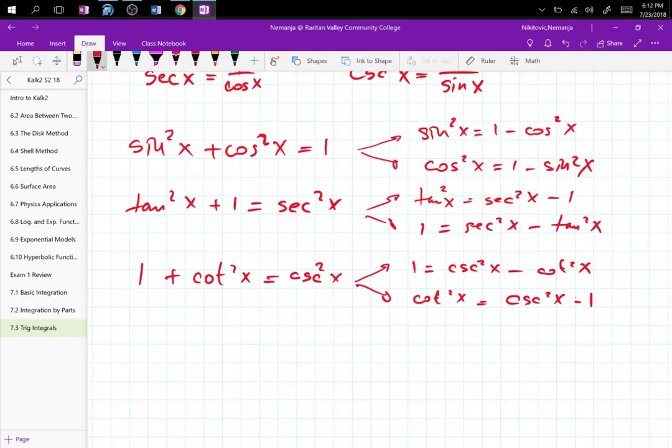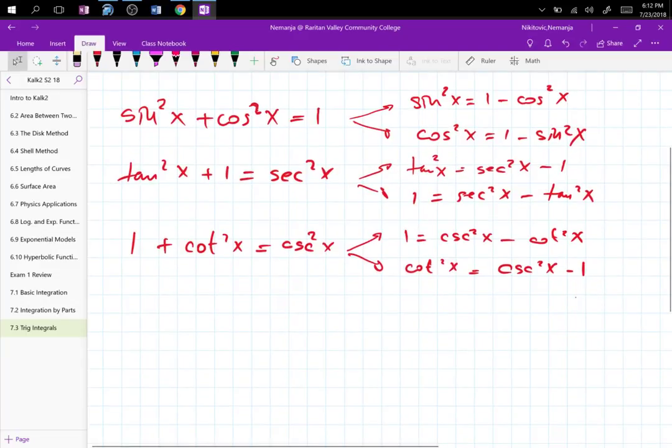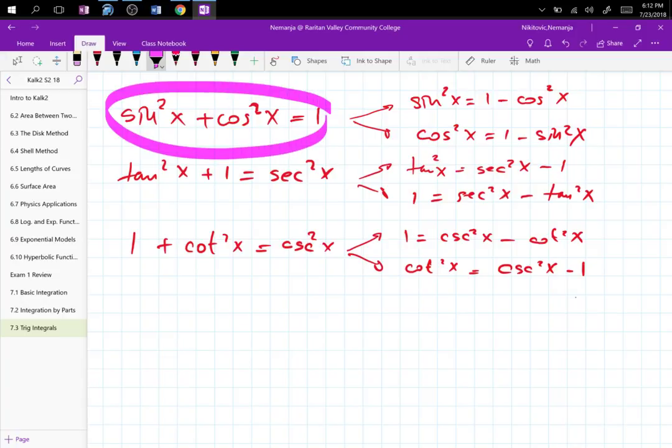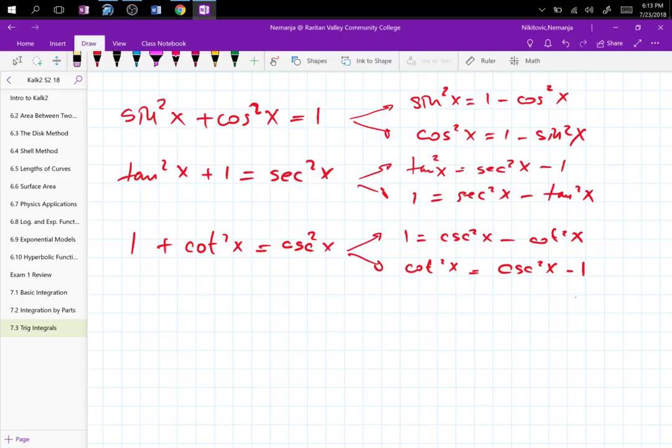Everything that you see currently on the page is derived from the first equation here, all of the other formulas. So you actually have 9 formulas there, where it's sufficient to remember only one. If you divide that one either by sine squared or cosine squared, you will get the other formulas below.